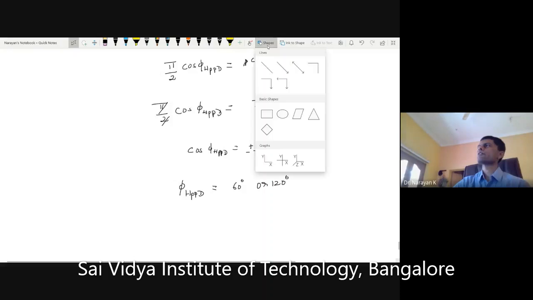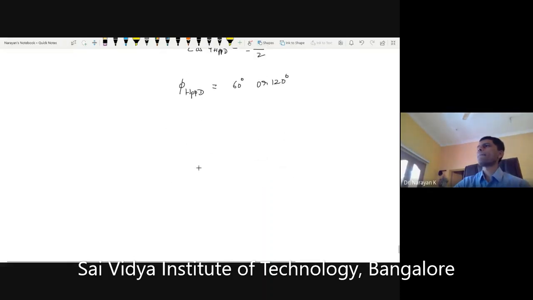Finally, you have to draw the radiation pattern. For drawing the radiation pattern, I'll draw the x and the y axis.